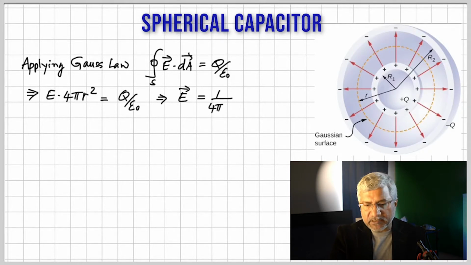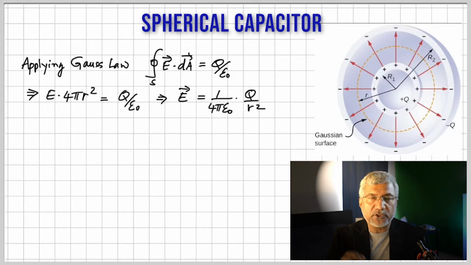Therefore, E times 4 pi r squared is Q by epsilon naught. And when we rearrange, the electric field E is 1 by 4 pi epsilon naught Q by r squared. We have seen this before, that the charge now behaves as if all the charge on the inner sphere was concentrated and situated at the center, because that's the field due to a point charge.